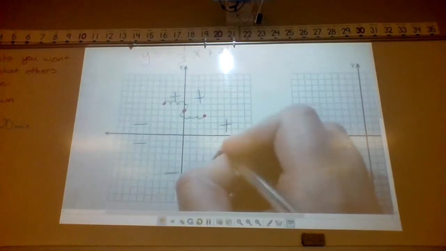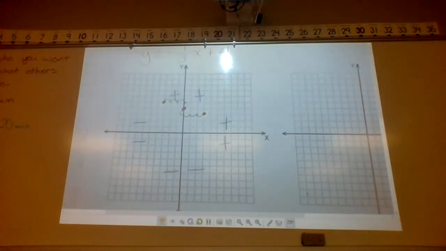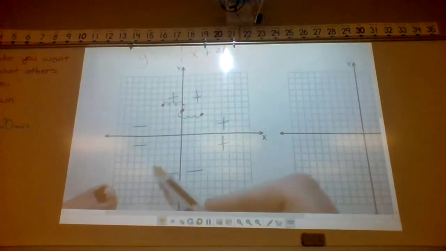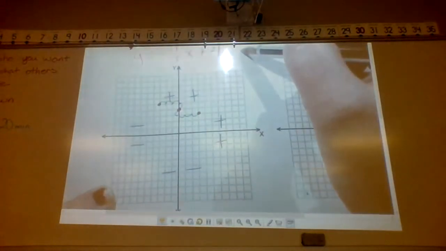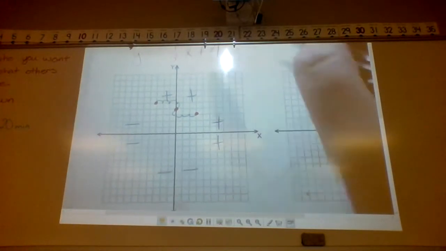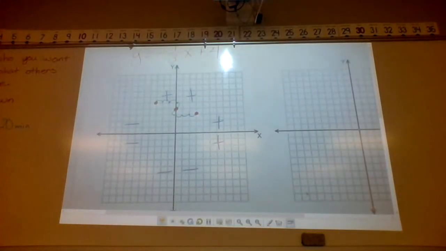Positive. A negative and a positive? Negative. So if you have a positive slope, you're going right and up. If you have a negative slope, you're going from the left up to the right down. Does that make sense? Okay.